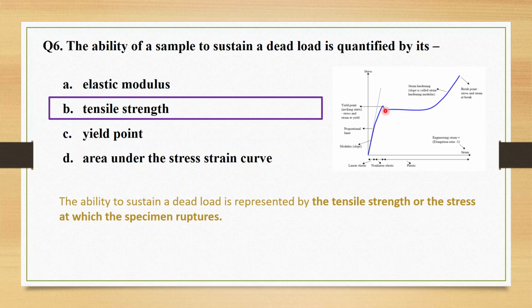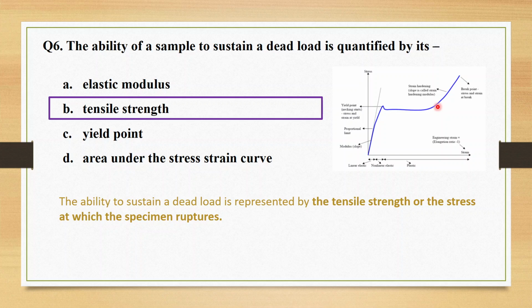So what will happen after the yield point? You have your plastic form. When the strain is increasing, that means you are getting elongation, but the stress is not increasing that much. But once you reach this point, this point is known as your dead load.